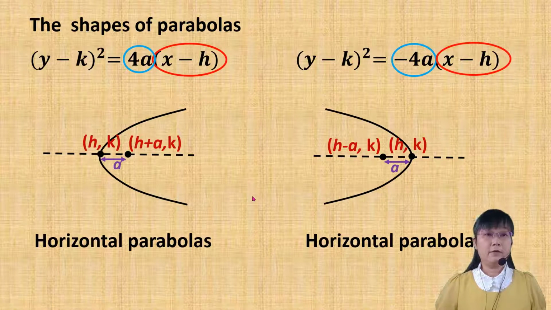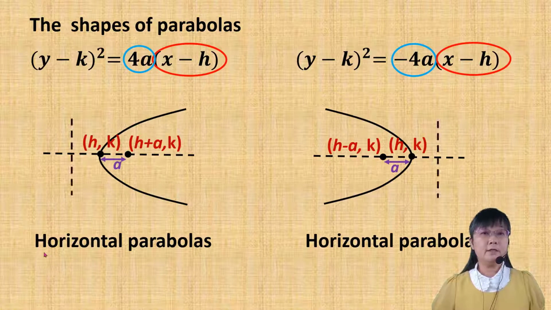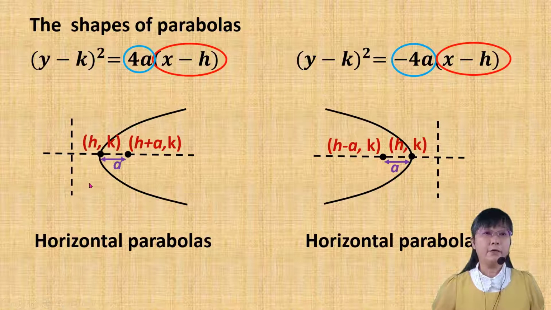Now as for the directrix, if the parabola is horizontal, then the directrix is a vertical straight line. Since the directrix is a straight line, not a point, we have to name the line by using x. We know that the distance from the vertex to the directrix is a.